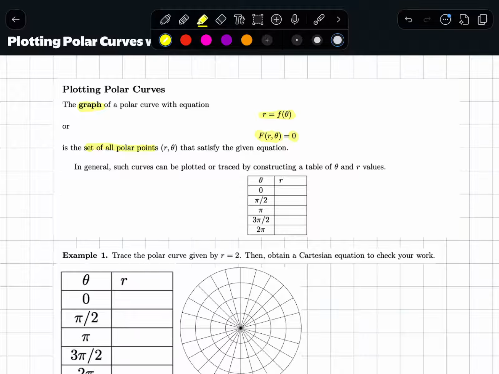Okay? So usually the most basic way to plot such curves is by building a table of coordinates, getting a bunch of thetas, plugging into the equation, finding the r's that come from those thetas, right? And then plotting those points on a polar grid and getting whatever the curve looks like.